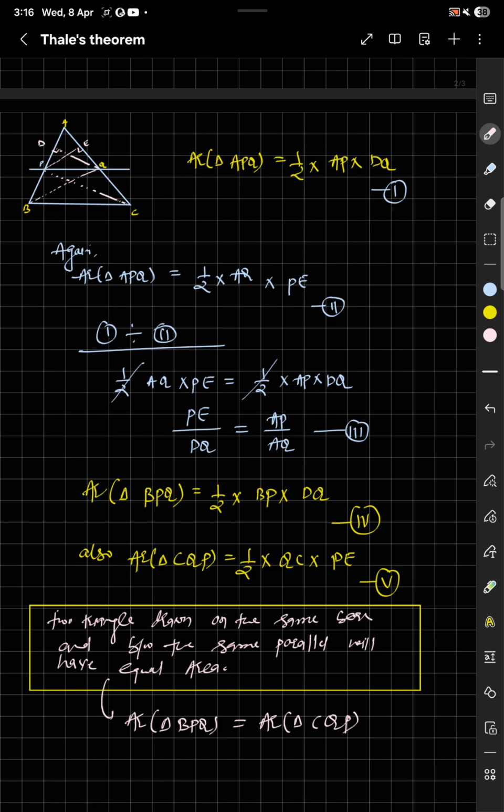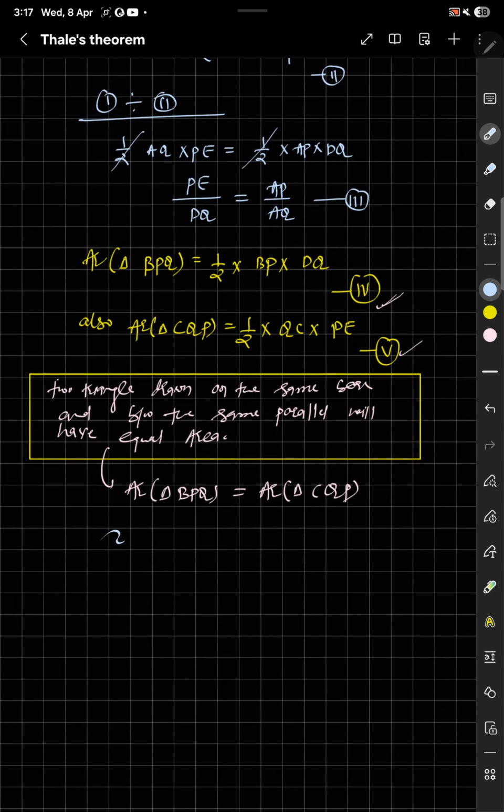Both triangles are equal. If both the triangles are equal, what does this mean? Firstly, divide this one and this one. Okay, what do you get? Divide 4 by 5.